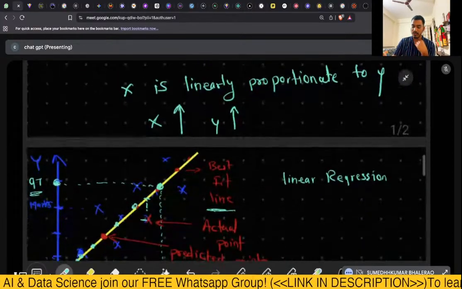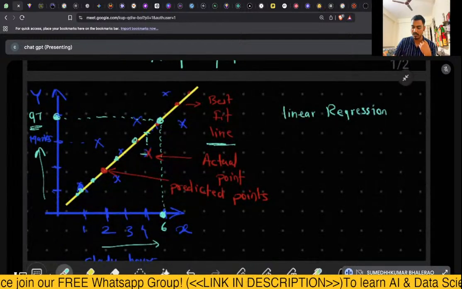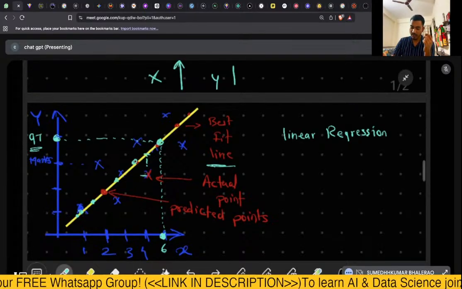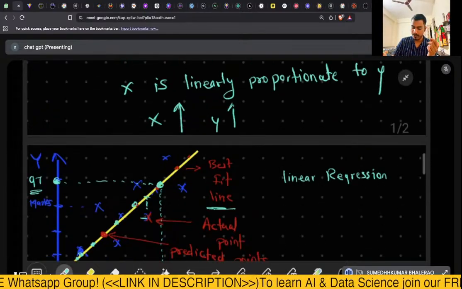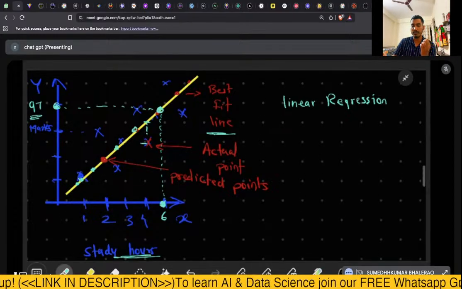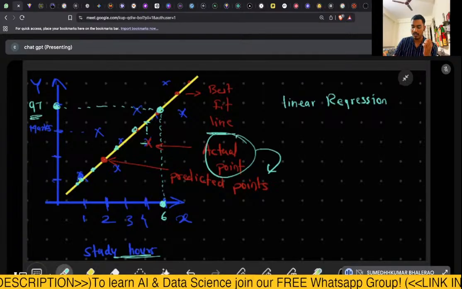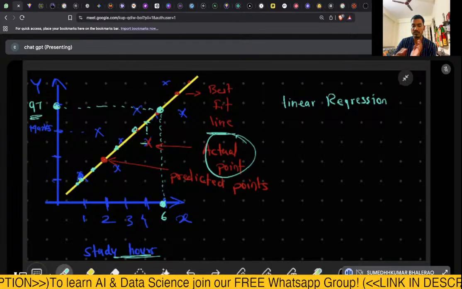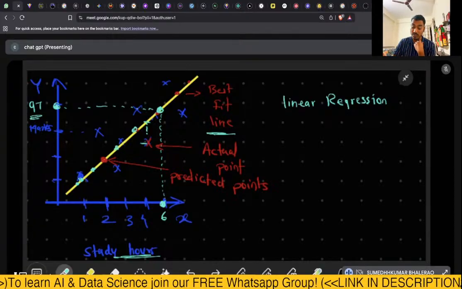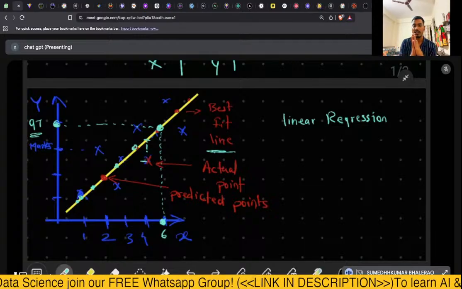So if the actual points are almost the predicted points, it means your machine learning model is working really well. It means you have drawn this line in the right way.